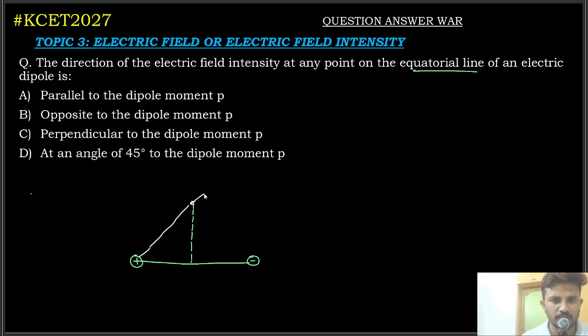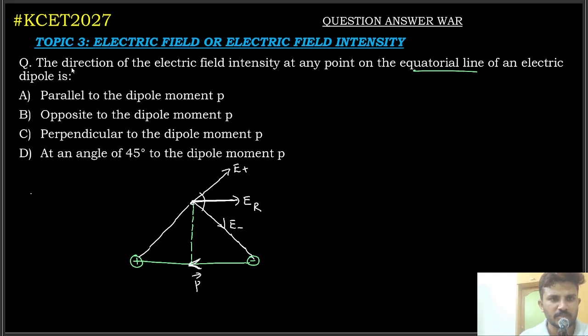Okay, here it is in this direction, E plus. This is E minus. Here the dipole moment will be from negative to positive charge, towards left. E plus will be upward, E minus downward, and E resultant is on the right side.